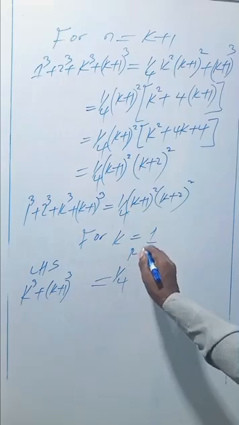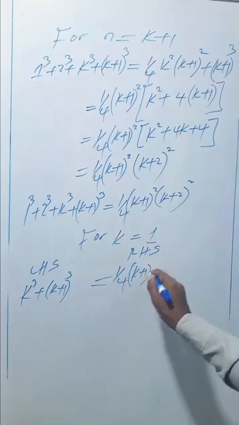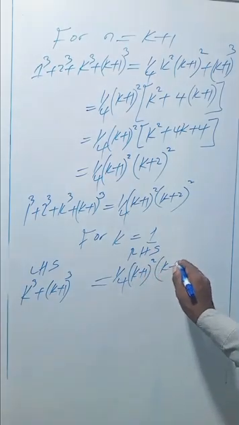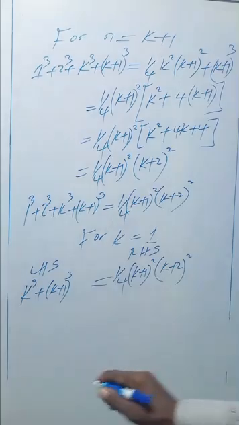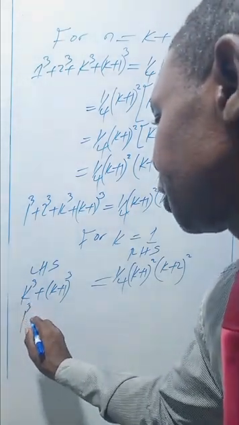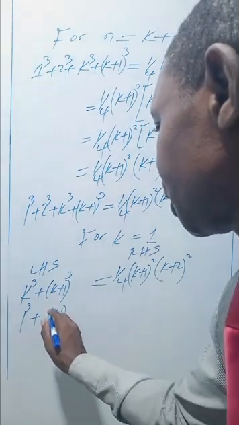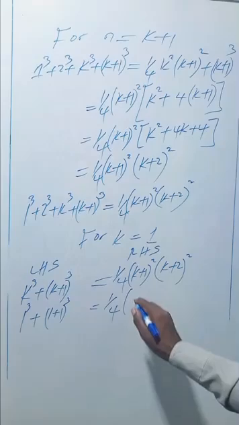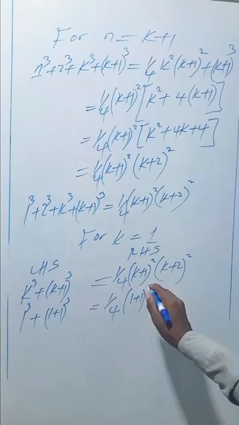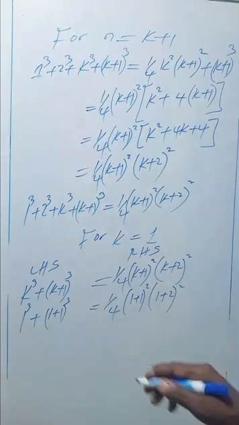This is the right-hand side, 1 over 4, then k plus 1 squared, then k plus 2 squared. Taking k equals 1, the left-hand side becomes 1 cubed, then plus 1 plus 1, again cubed. The right-hand side becomes 1 plus 1 squared, then 1 plus 2 squared.